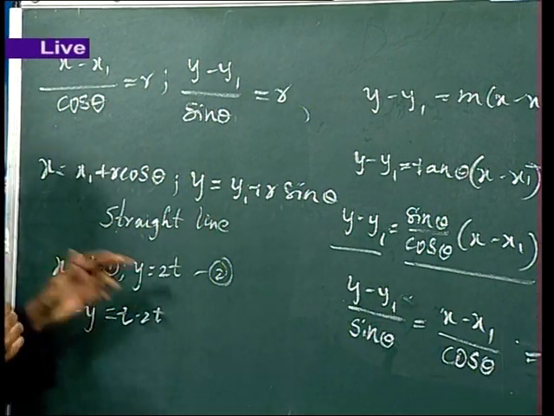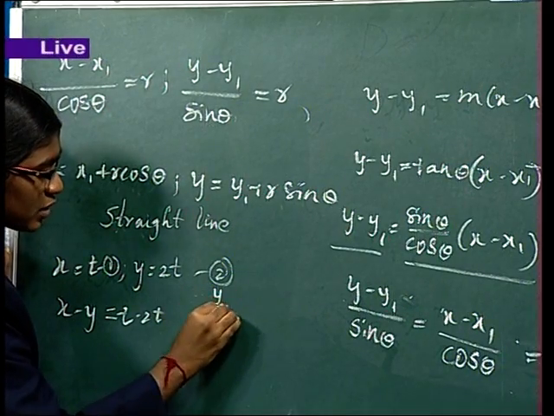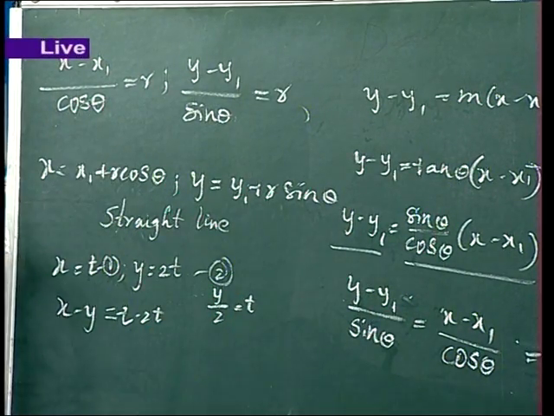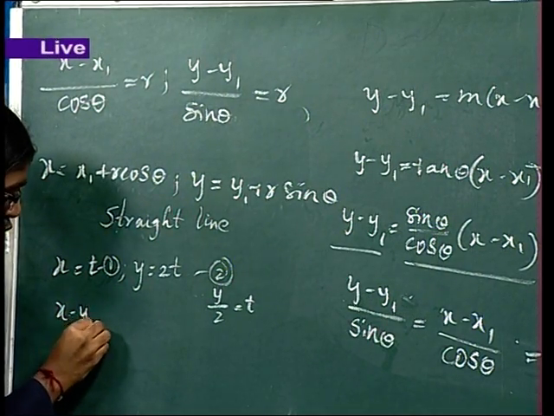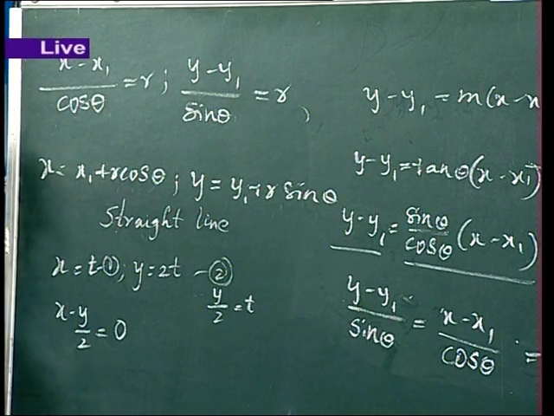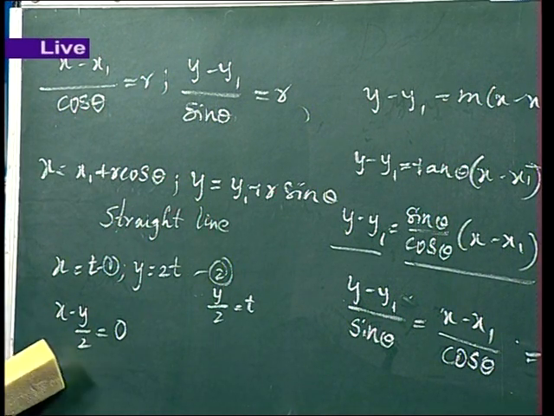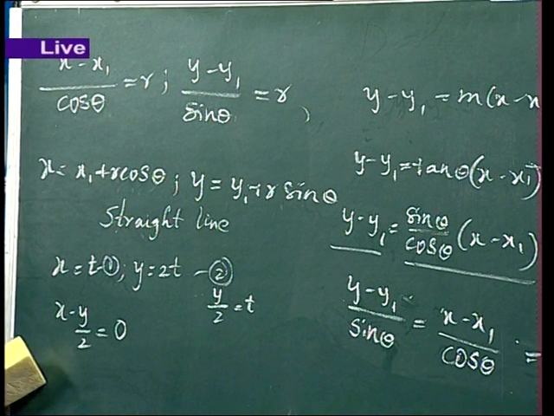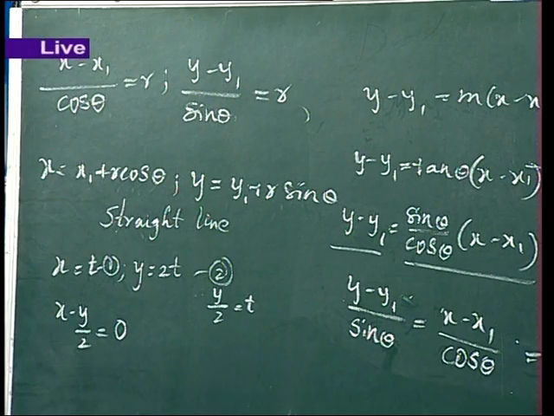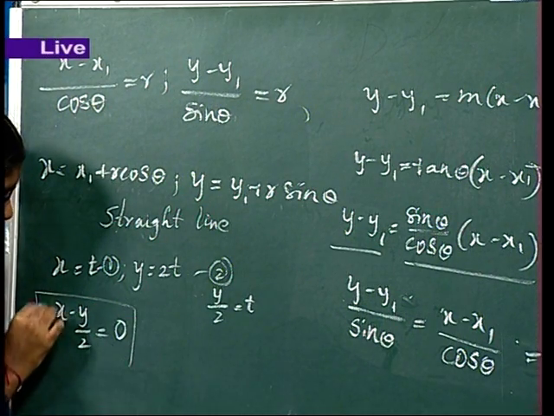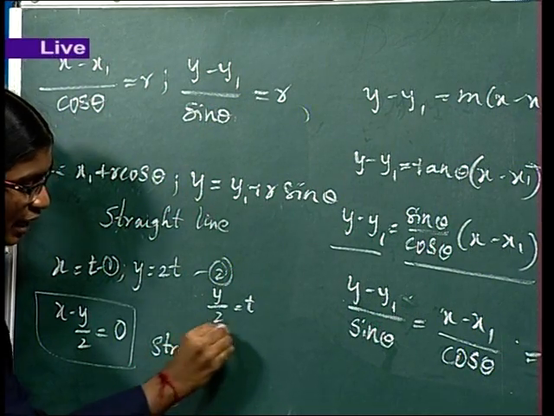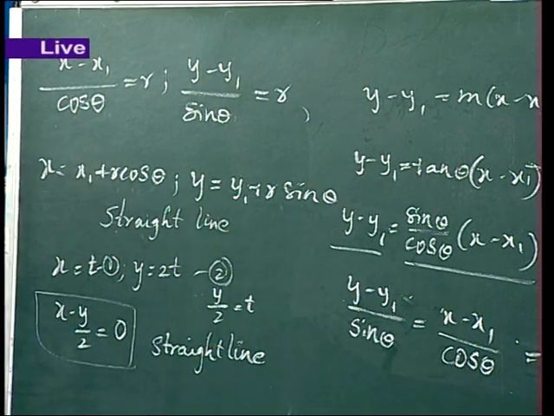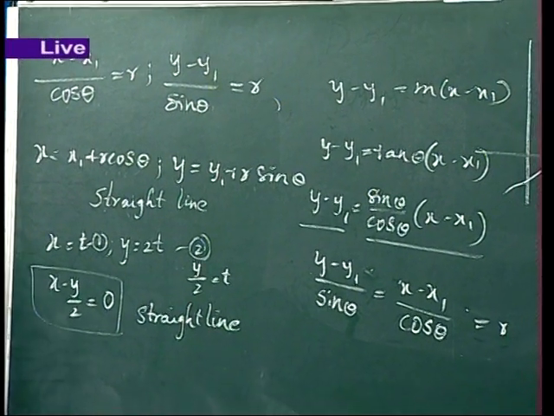So we can write x minus y by 2 is equal to 0. Which form is this? Yes, this is in linear form. Linear forms are nothing but straight line equations. Yes, it is an equation of a straight line.